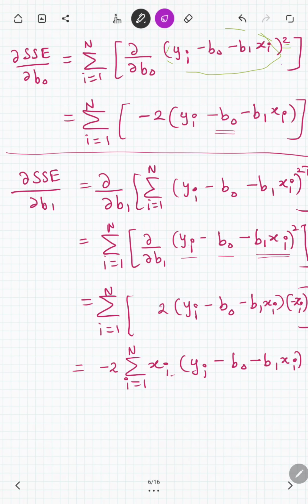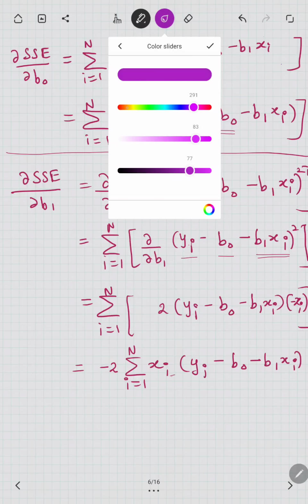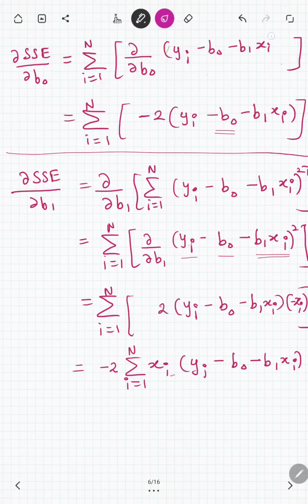Okay, so this is the equation that we have. Basically we are using chain rule over here. Summation will automatically come out of the derivative, so that is not an issue. So summation is outside, and then inside this now we are using chain rule.